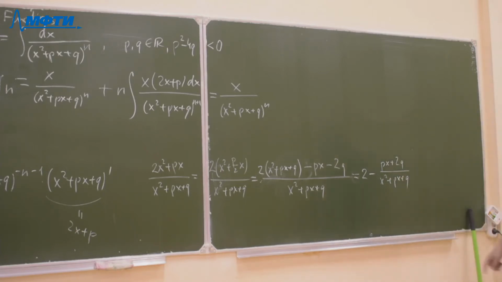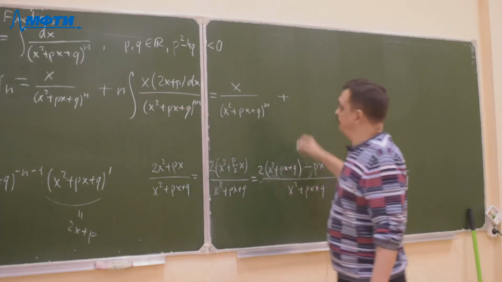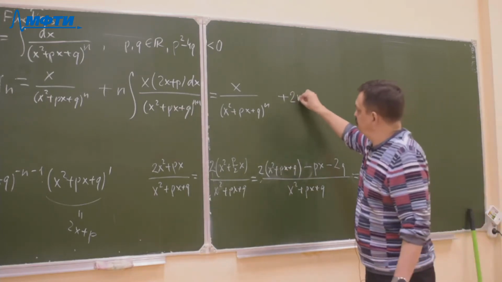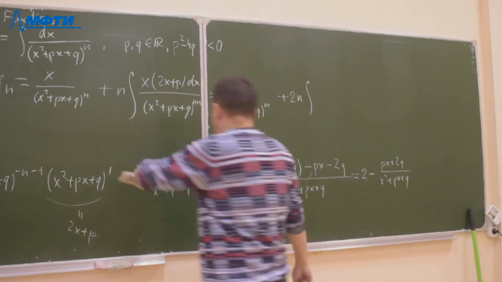If we substitute it into our integral, then we get 2 integrals. The first one, 2n, this 2.